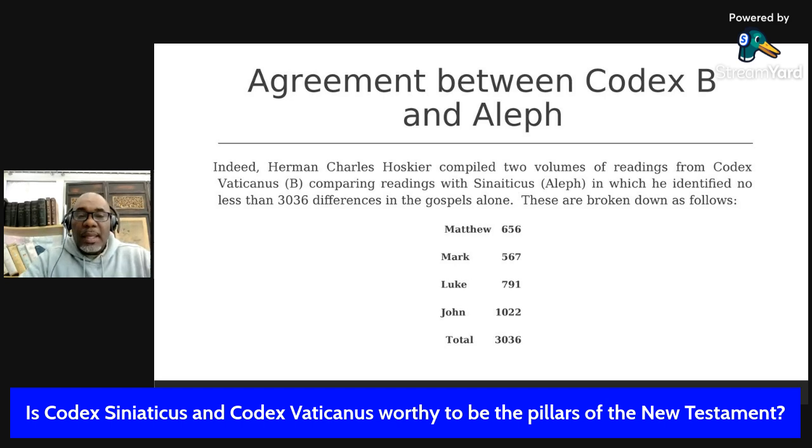Now, the interesting thing is that Matthew and Luke are the biggest gospels in terms of size, and yet you've got 1,022 in John. And I'm not a conspiracy theorist, but it's interesting that the purpose of John's gospel was to show that Jesus was the Son of God.